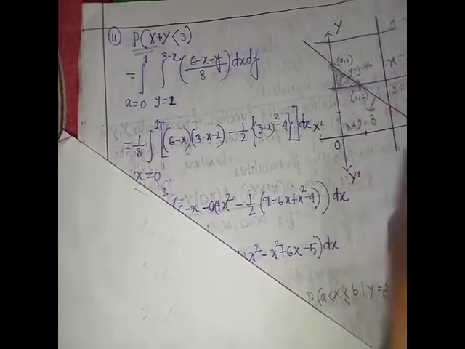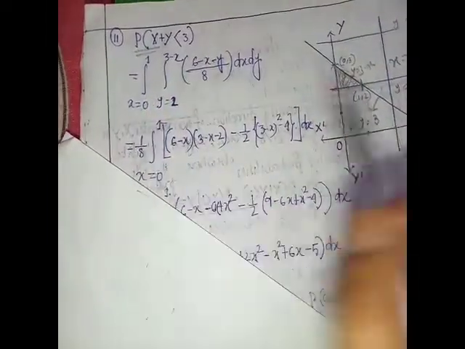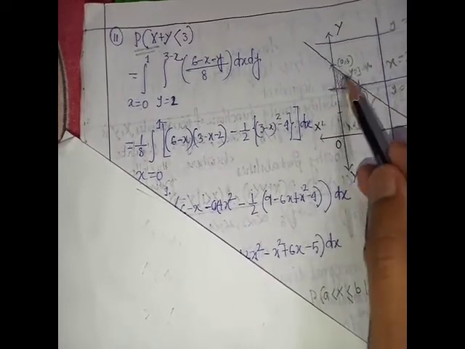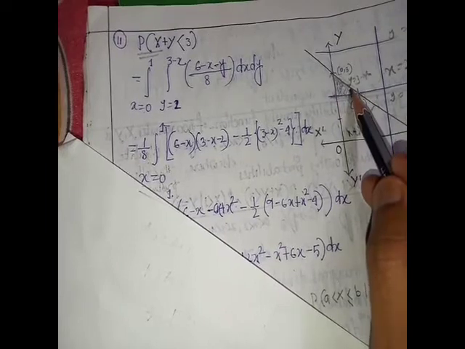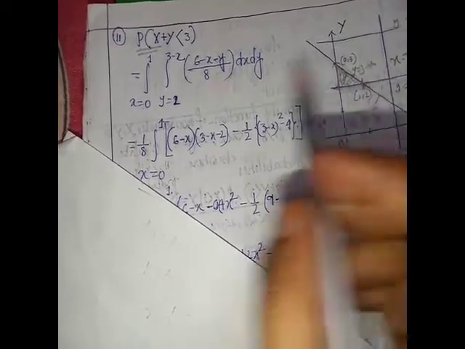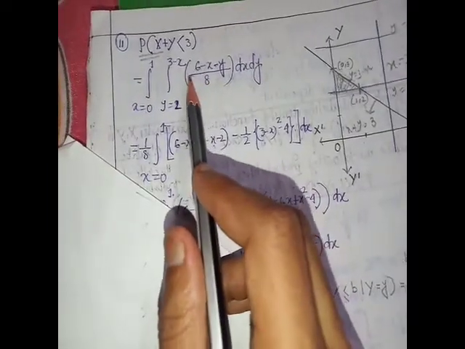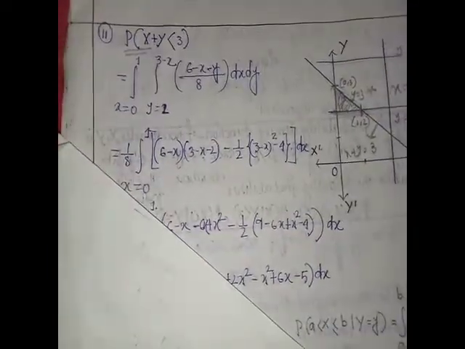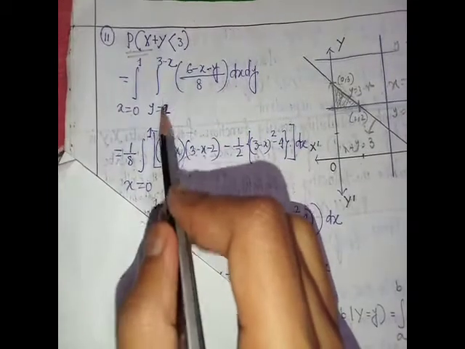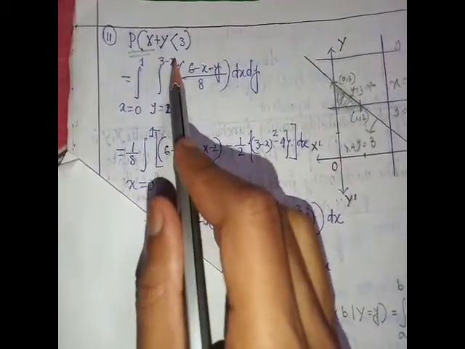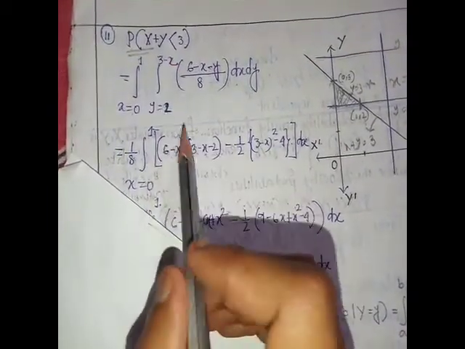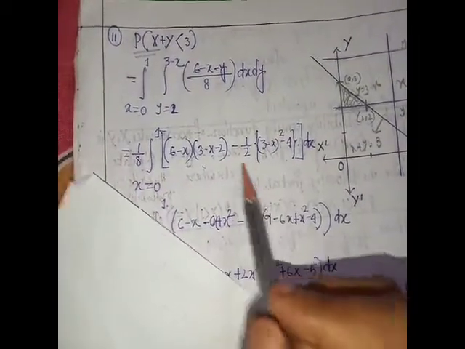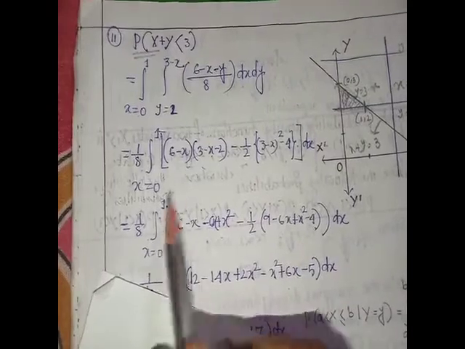So we integrate f of xy dx dy. First we integrate the dy portion, then the dx portion.